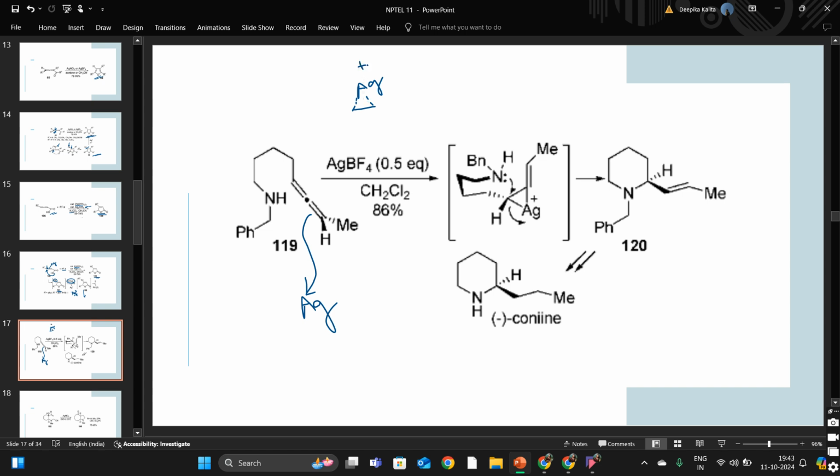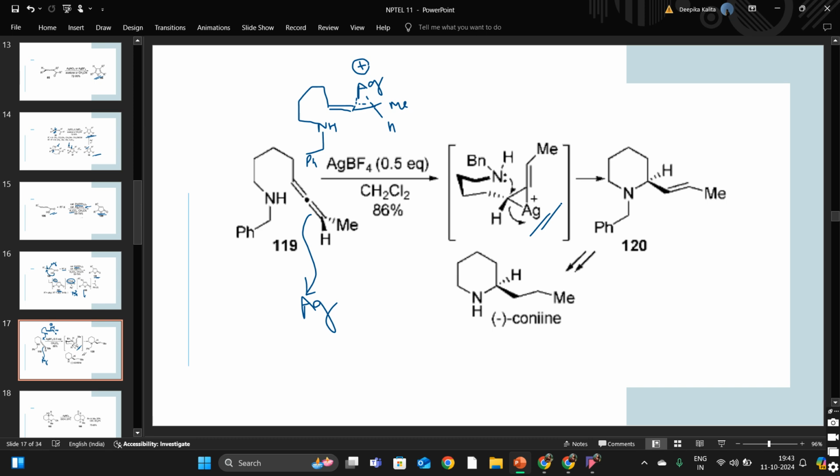Here you have to show positive charge, and here we are going to have hydrogen, methyl, and here the other double bond.